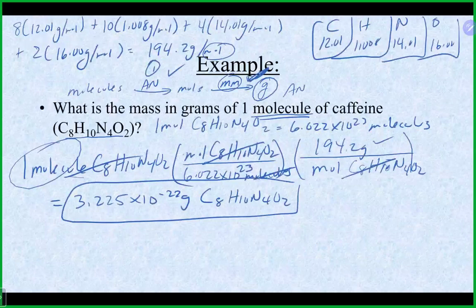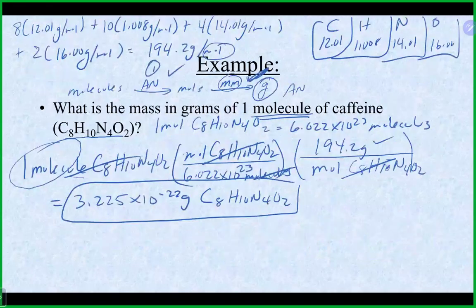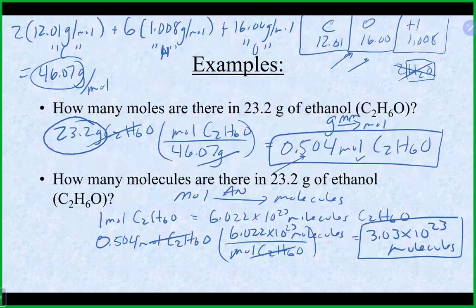So let's say we started with 23.2 grams of our ethanol, which we did in that previous problem, so we'll just borrow it here. C2H6O, and 46.07, it looks like. And we had our molar mass there, which was 46.07. We calculated that already, so we'll just borrow that.